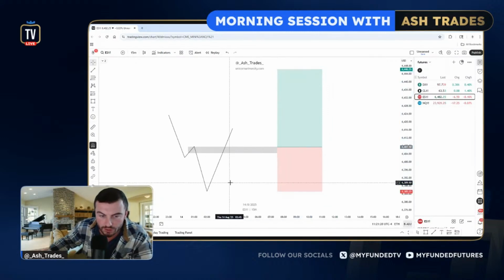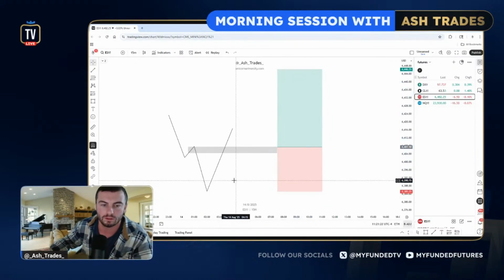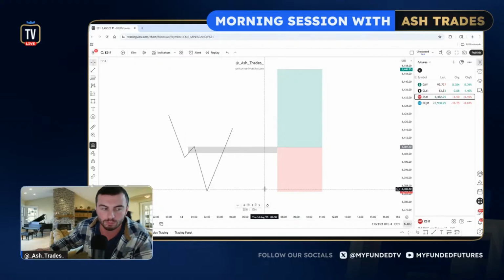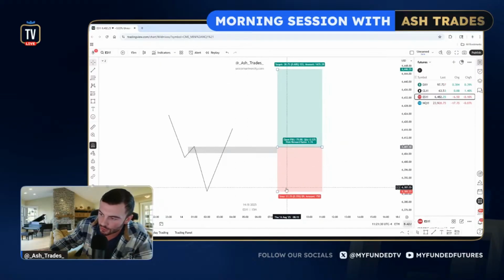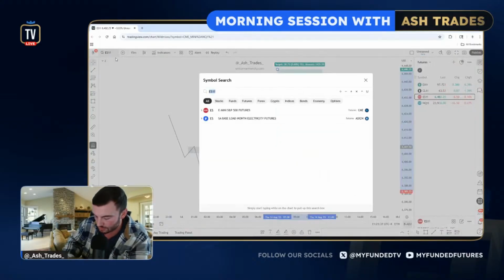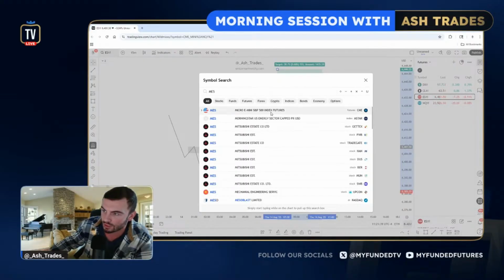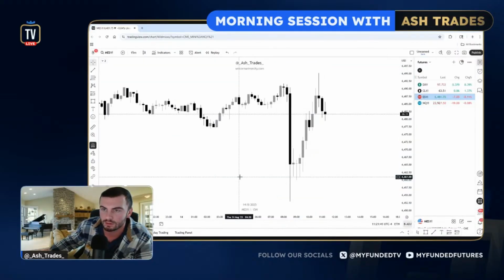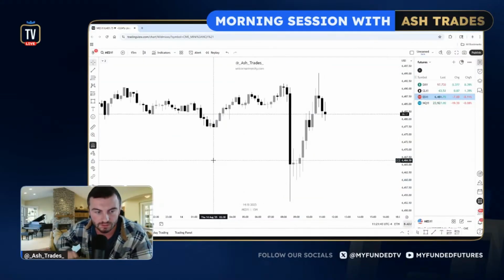So do the calculation beforehand to make sure you're sizing appropriately. And it's very simple, right? We have ES here, right? And if 22 points is too much risk for one contract of ES, just go down to the micros so that you can size appropriately, right?